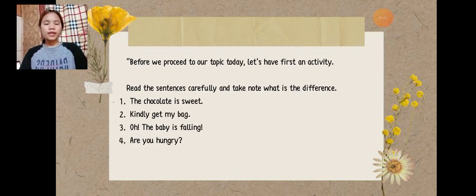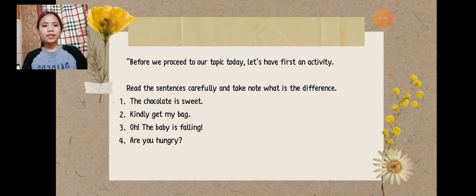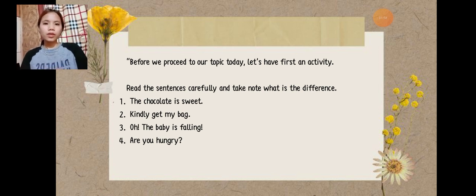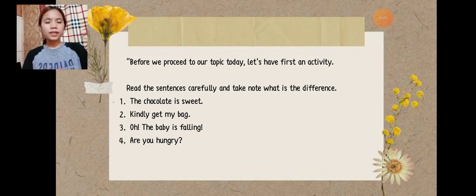Before we proceed to our topic today, let's have first an activity. You will read the sentences here, then observe the difference between them. First, the chocolate is sweet. Second, kindly get my bag.